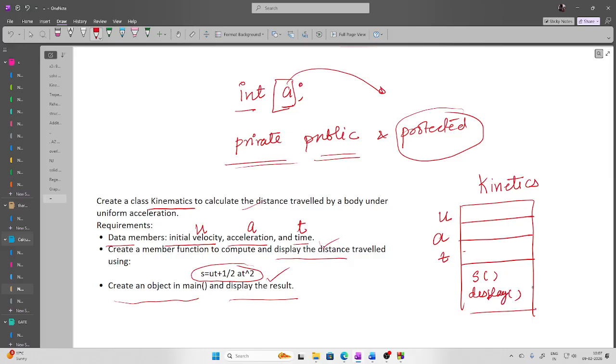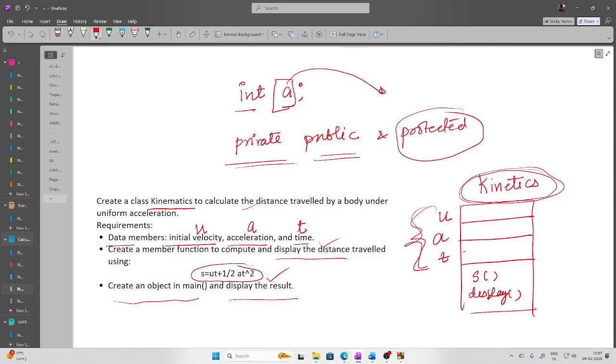Remember that the member functions don't require any memory. They are there, but they don't require any memory. Only the objects have memory. Only the data of that particular object will have memory, so the memory occupied by any object depends on the data members. That is what you should understand.